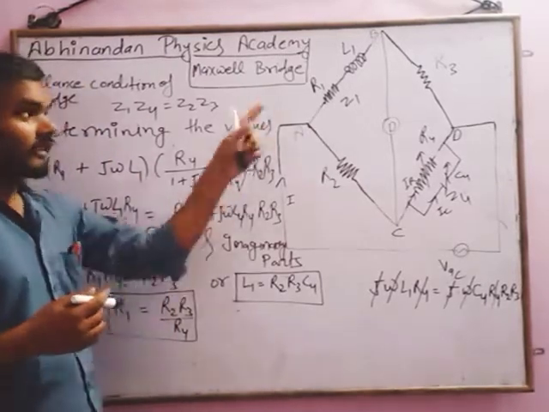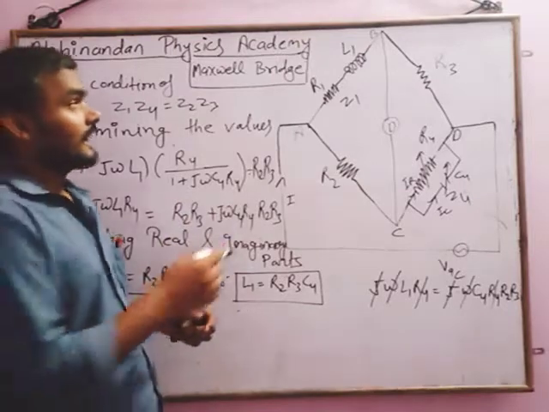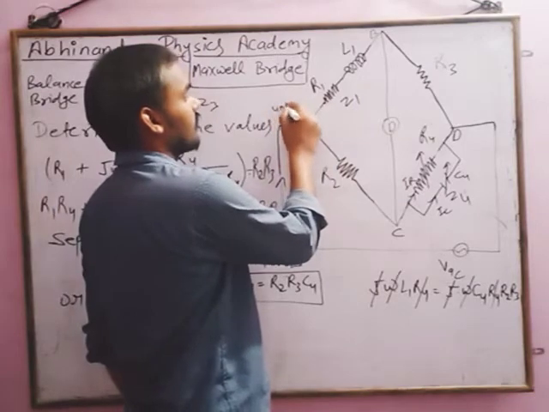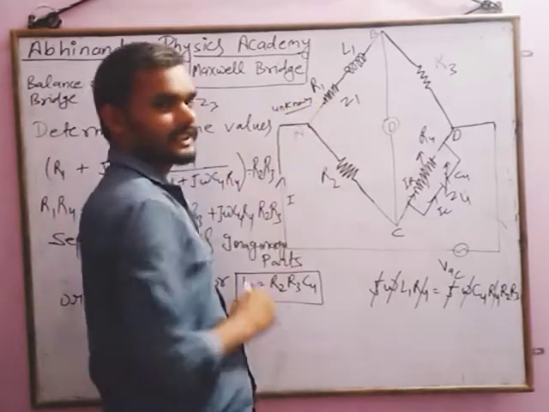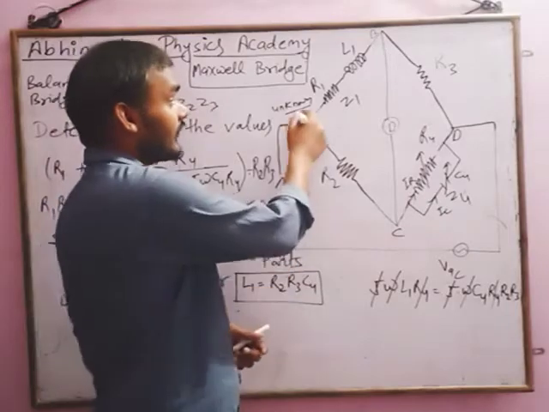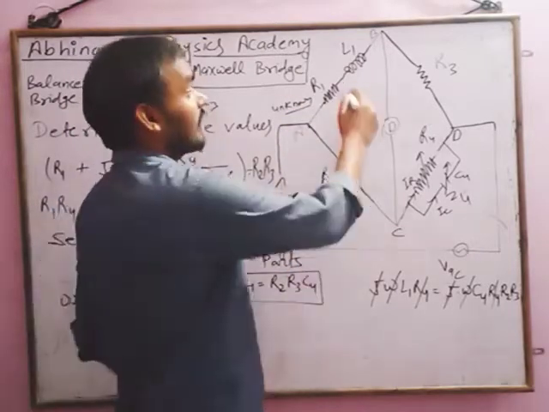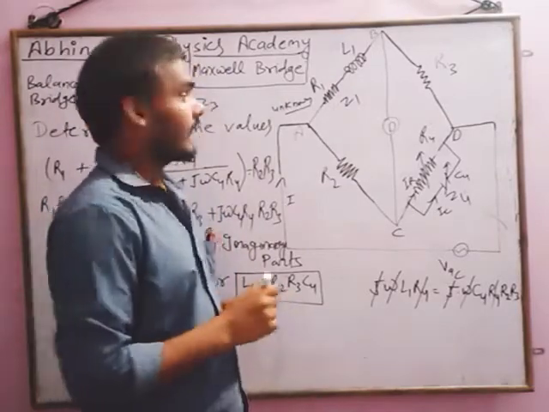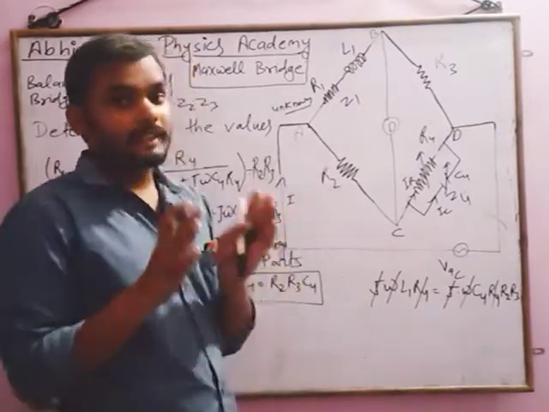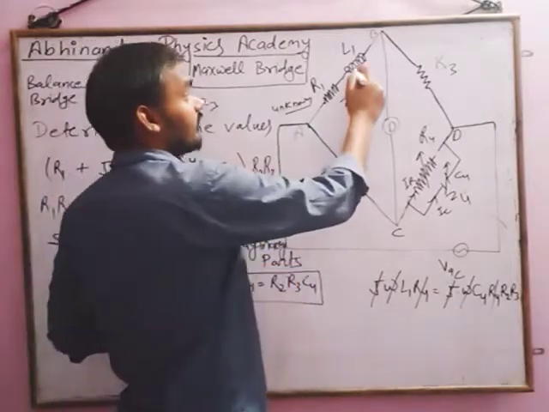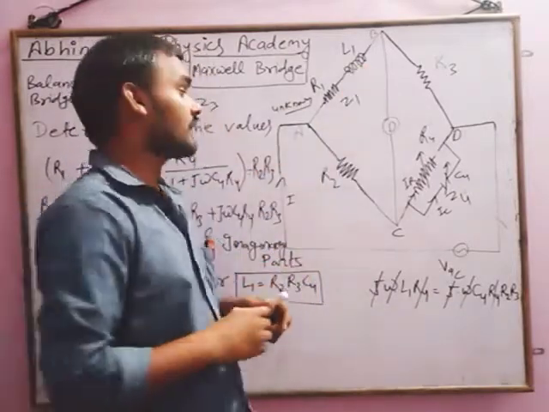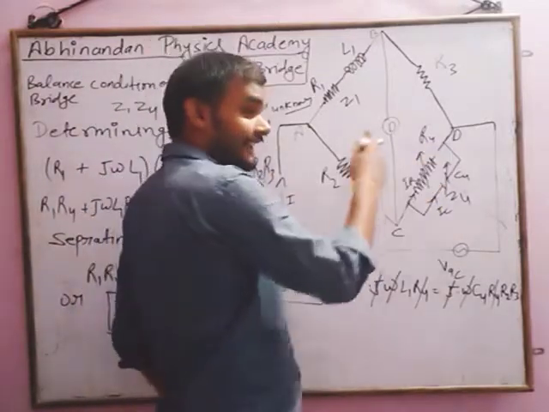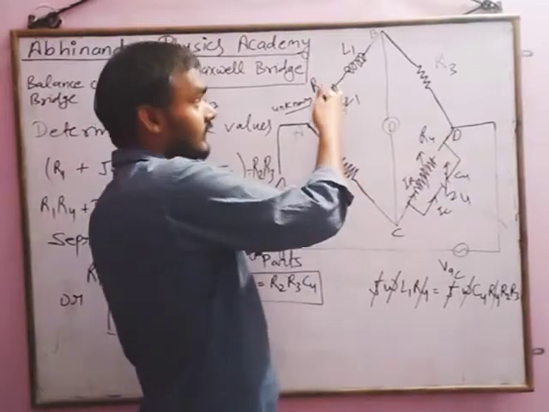Firstly, we determine our figure. There is a figure in which R1 is the unknown resistance, whatever we have to find, and a self-inductor L1 is known. To balance the bridge, if L1 is in one arm, we have to put a capacitor C in the other arm.